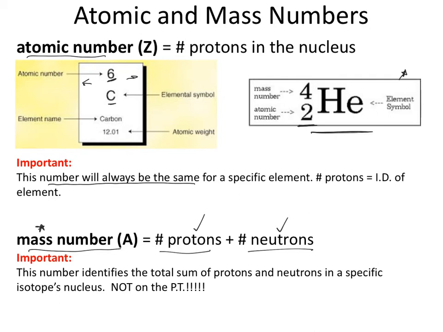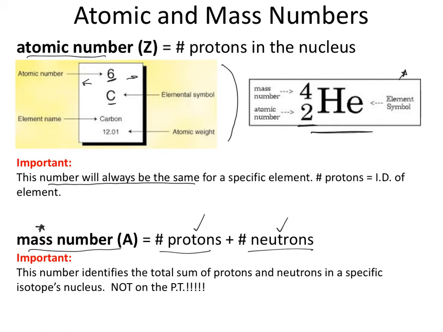Okay, so another important concept that you need to take away from this is that the mass number only tells you the sum of the protons and the neutrons. It does not show up on the periodic table. So notice, mass number is not written anywhere in this example. Okay, so the mass number cannot be found on the periodic table.